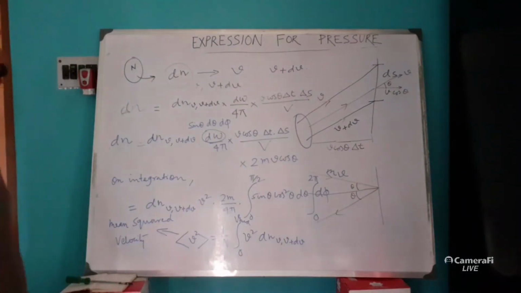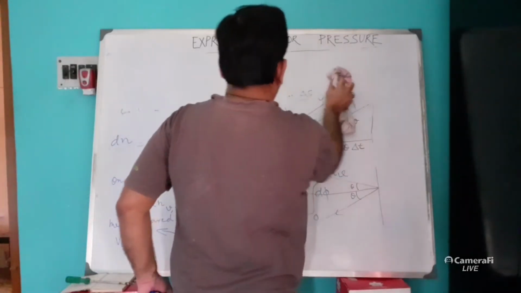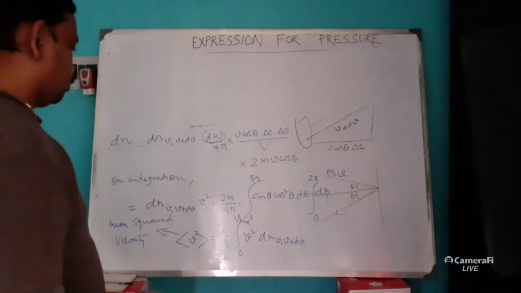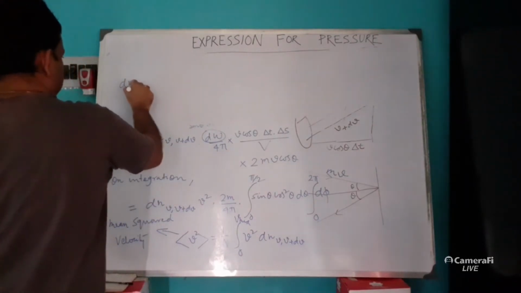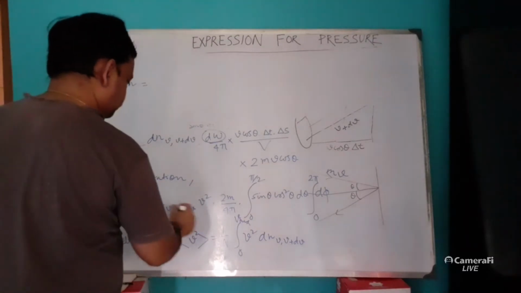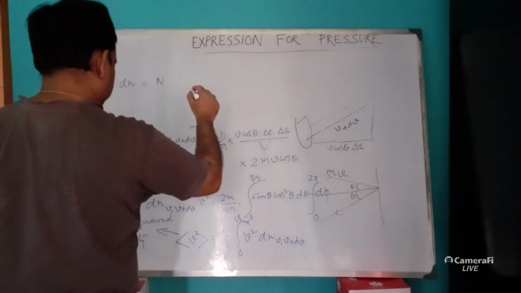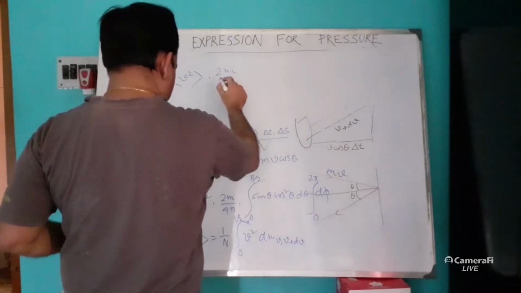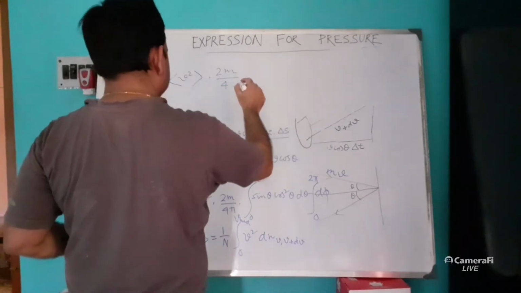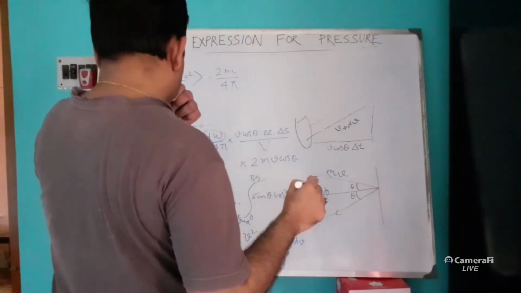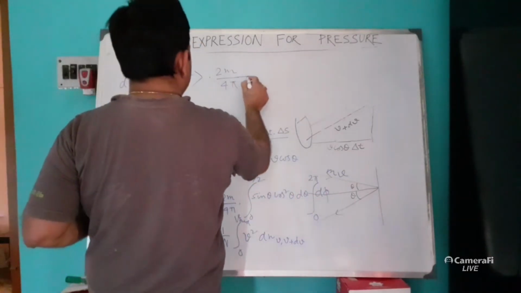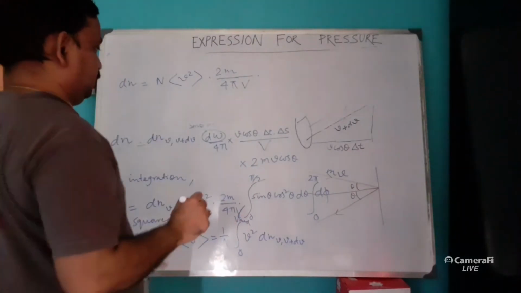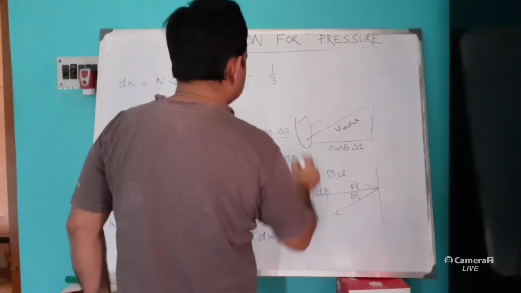So evaluating this whole stuff, we can write dN is equal to, this term becomes N into v squared, then you have 2m by 4 pi, v, and I missed the element v over here, into this evaluates to be 1 by 3 and this evaluates to be 2 pi.